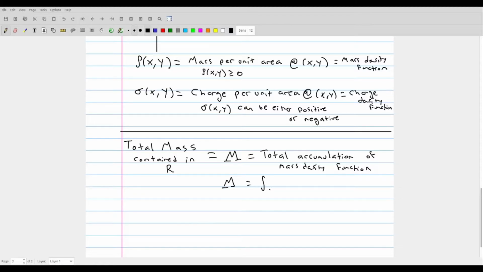It's the double integral over the region R of the mass density function. This is saying that if you have a region R and you have a mass distribution of which you know or can approximate the mass density function, you can calculate the total mass contained in that region just by taking the double integral of that function over the region.